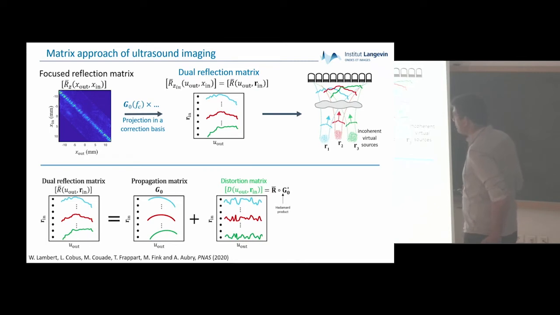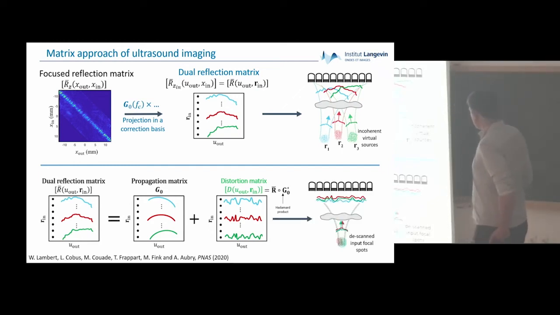The key idea is to decompose all this reflected wavefront into two components, as already said by Matthias yesterday. You have a geometrical curvature that is the model, what your model expects if your medium was homogeneous. On top of that, you have a distorted part that corresponds to all the fluctuations compared to your model. Mathematically, it can be done by a Hadamard product between this reflection matrix and the propagation matrix with a phase conjugate.